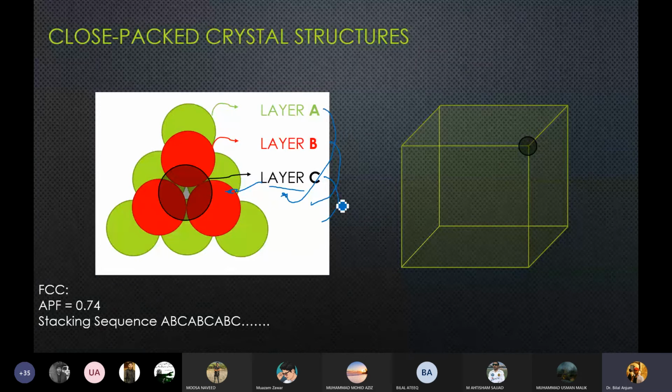The layer B atoms within this unit cell are situated in this way. So these are the layer B atoms.